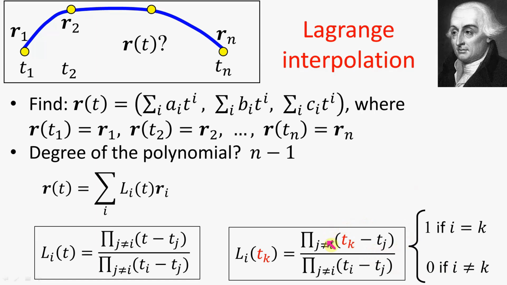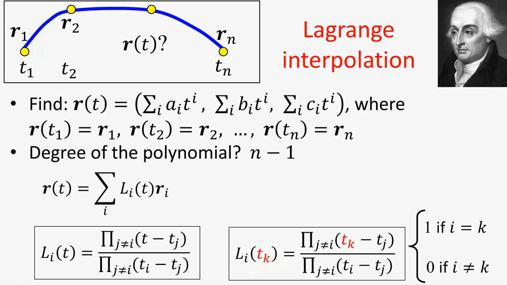In the numerator, we subtract all other tj knot values from tk and multiply them together. As all possible knot values are considered for one of the factors in this product, this difference will be 0, so the product itself will be 0, which means that the weighting function when k is not equal to i is equal to 0.